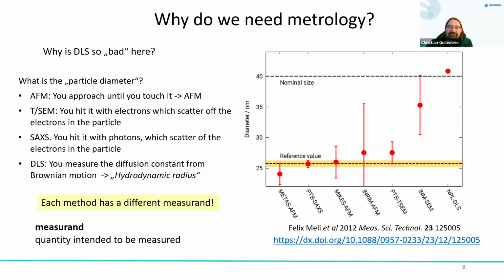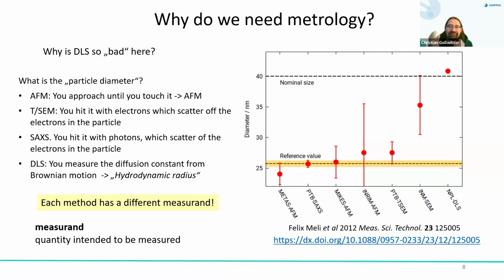So why is that? The reason is that these methods measure different things. So how do you define the diameter of a particle? If you use AFM, you use a needle and you move the needle until you touch the particle. When you use electron microscopy, you shoot electrons at the particle, and these electrons are scattered by the electrons in the particle.